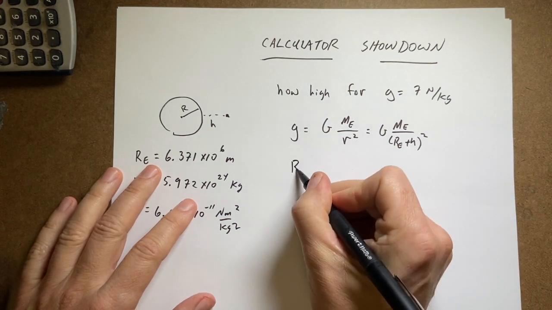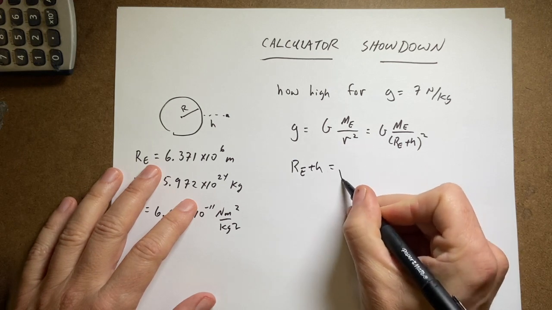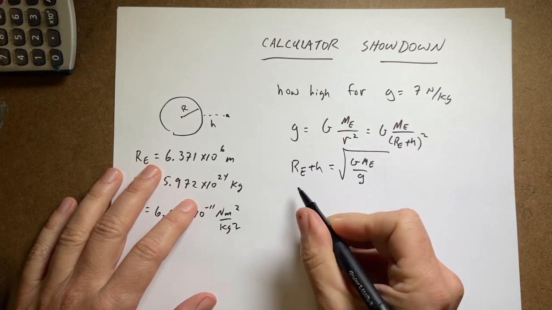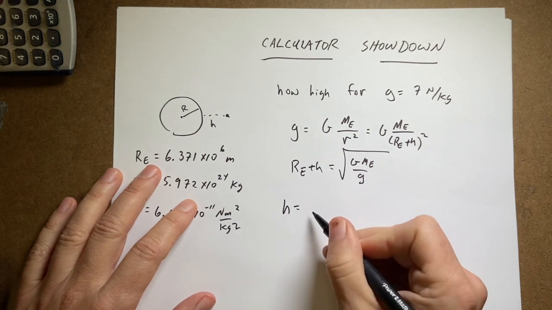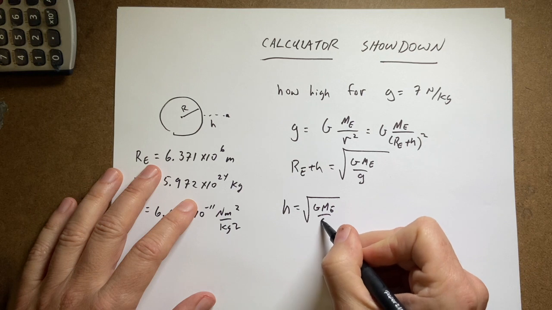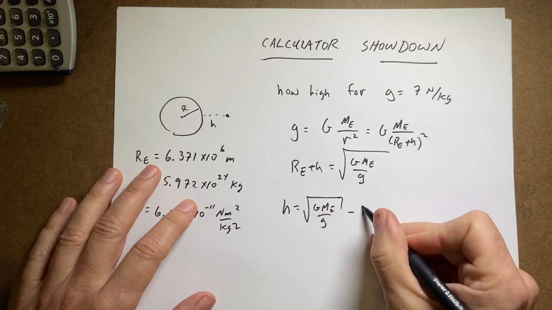I'm not focusing on solving problems here. I get r_e plus h equals the square root of G M_e over g. So h is going to be equal to the square root of G M_e over g, minus r_e.